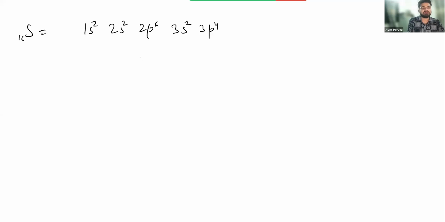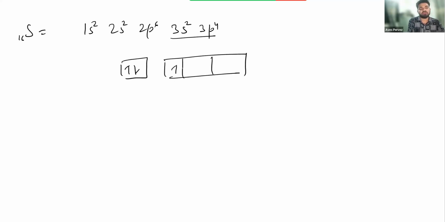Now, this is the outermost shell. It is going to have completely filled and 4 electrons here, 1, 2, 3, and 4. These are 2 unpaired, 2 unpaired. So its covalency will be 2.